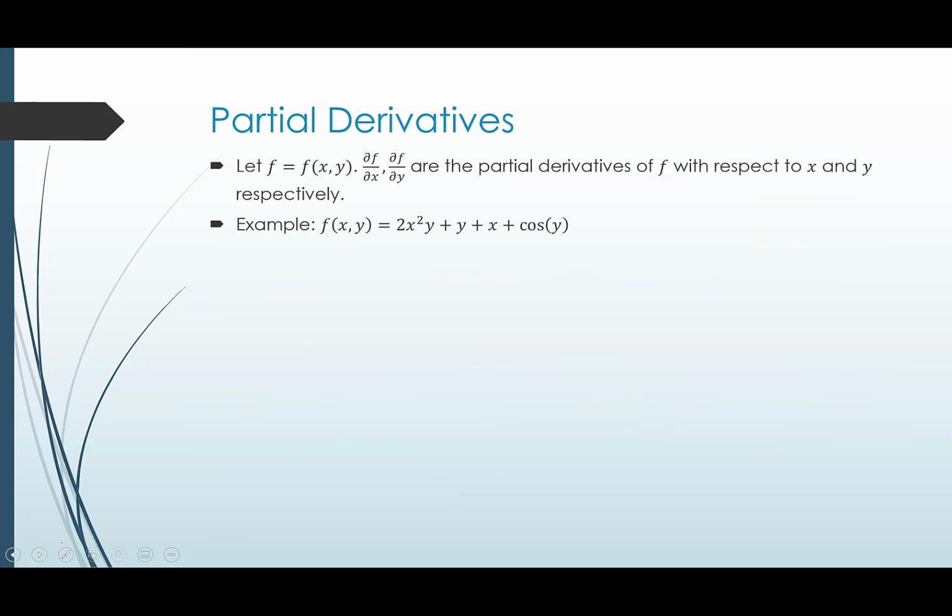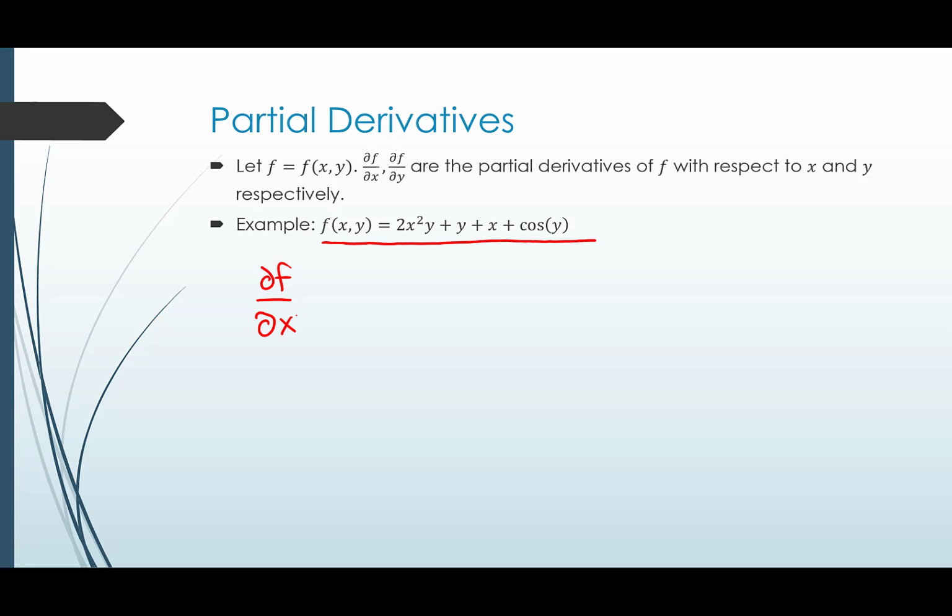All right, partial derivatives. Hopefully everyone remembers this and loves this: you're taking derivatives with respect to one of your variables, and treating the other one as a constant. For instance, let f of x, y equal 2x squared y plus x plus cosine of y. Let's take the partial derivative with respect to x, using curly d's.